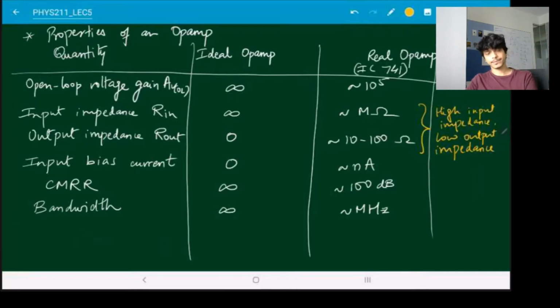Input bias current. Now this is just the current that flows into your op-amp. Input bias currents are the currents that are flowing in, and ideally that is zero.